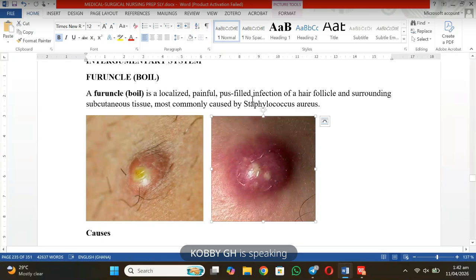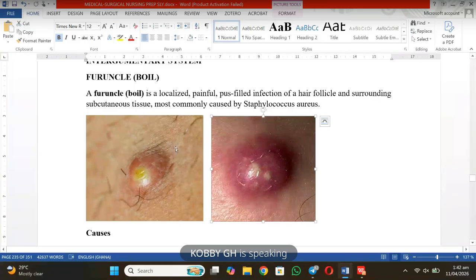It's a localized pus-filled infection of a hair follicle and surrounding subcutaneous tissue. Pay attention to the fact that the emphasis is not on the pus filling a hair follicle alone. The pus is either filling a hair follicle or a surrounding subcutaneous tissue.